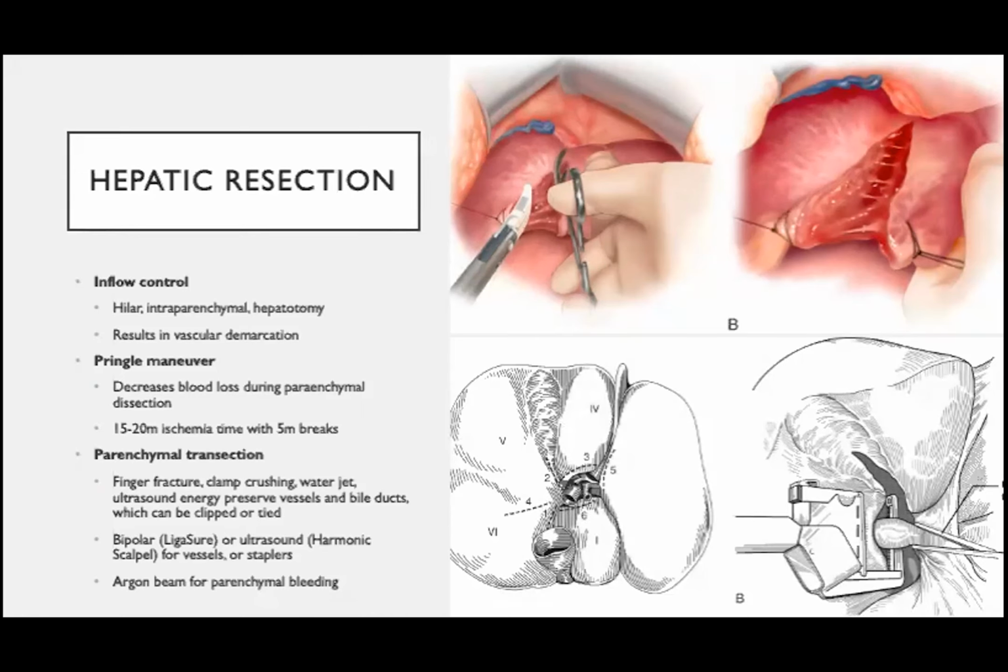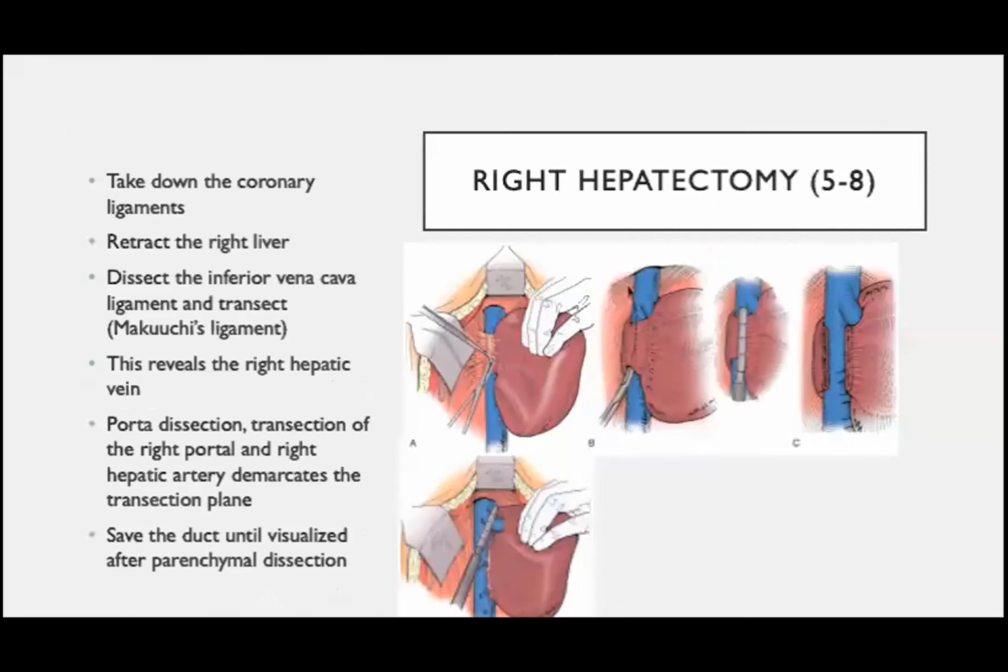To do a parenchymal transection, you can finger fracture, clamp crush, water jet, ultrasound energy, bipolar, or argon beam. Here are some pictures of a right hepatectomy, which is segments 5 through 8.